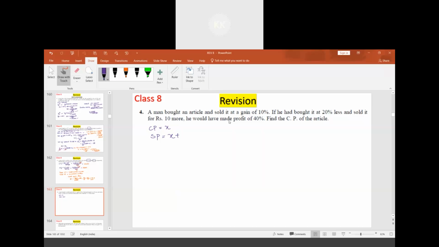They have given a 10% profit, so it is 10% of X. So X plus 10 by 100 X, which is 11X by 10. This will become the selling price.